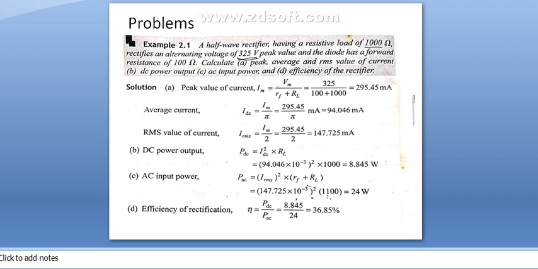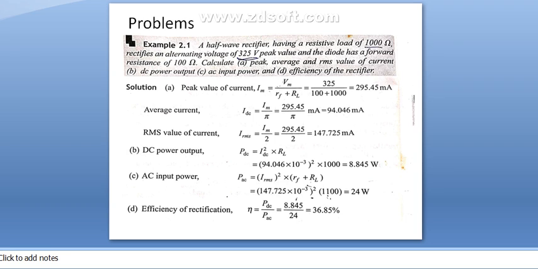We have to calculate the peak value, average value and RMS value of current and the efficiency of the rectifier. To calculate the efficiency, we require DC output power and AC input power. First calculate the peak value of current, that is, the maximum value of current, Imax.